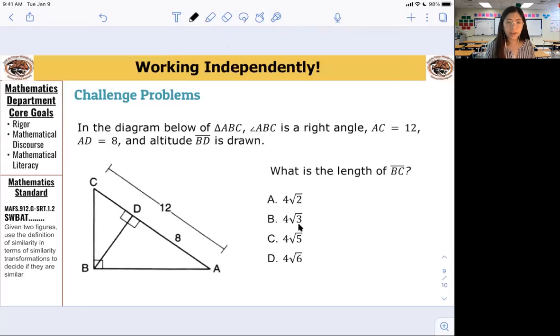So there's a similarity proportion that we can set up, but it requires kind of visualizing, maybe pulling things out of here and redrawing the 2 triangles to help us figure out which one we're going to find. So we're looking for BC. We're looking for this right here. Call that X. And how many triangles do I have in here?